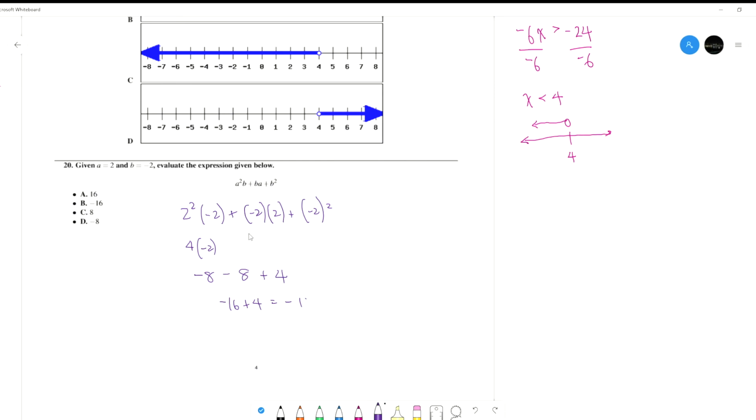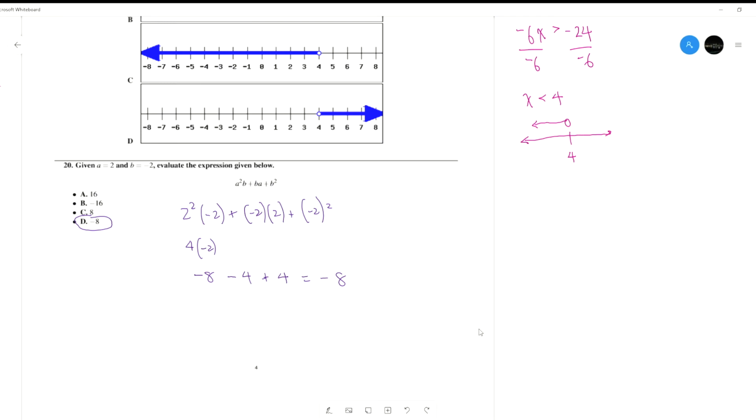Oh, sorry about that. Oh man, it's like cold here. 4 times negative 2 is negative 8. Oh, sorry, this is negative 4. Man, coffee hasn't kicked in yet. This is negative 4 plus 4, right? So negative 4 plus 4 is 0, and this is equal to negative 8. So it's D.